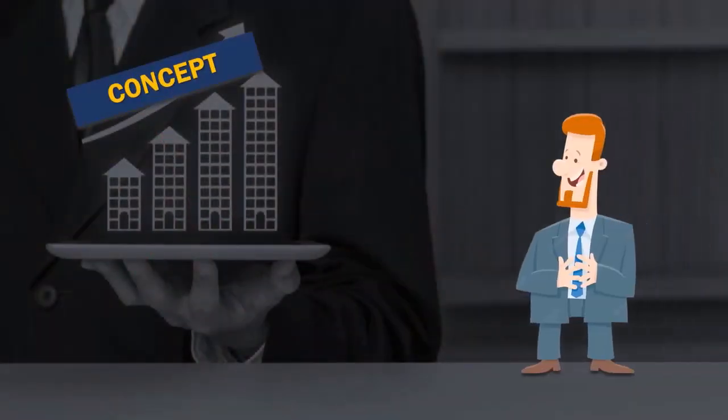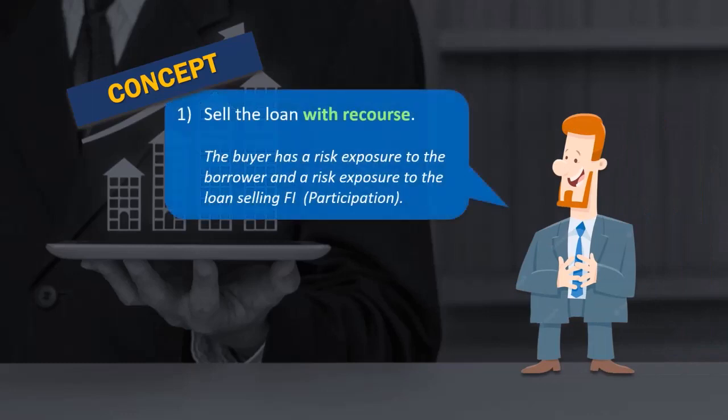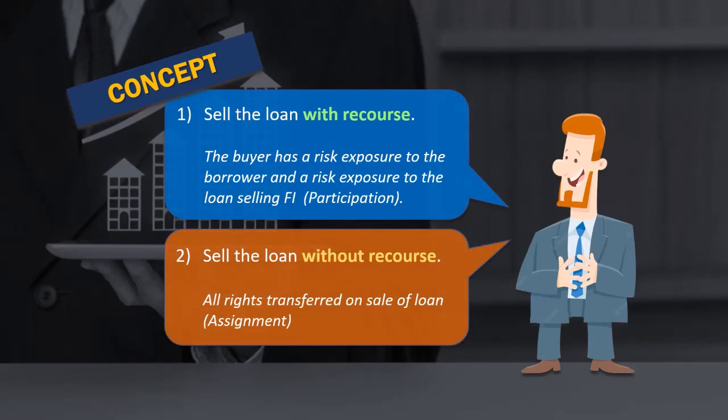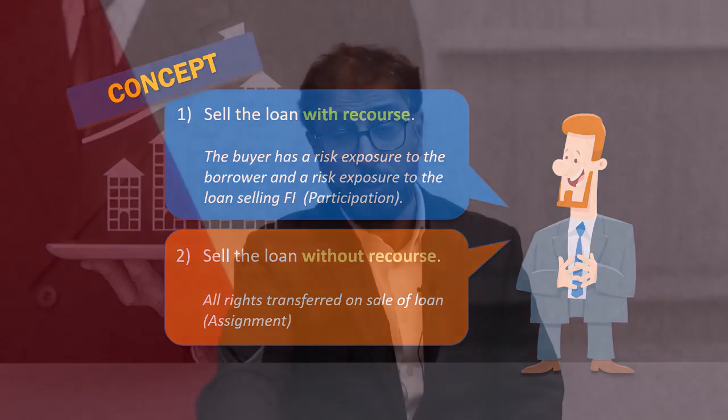When we want to connect participation, then in this case, participation means selling with recourse. This recourse means the buyer will be responsible or not responsible about the credit risk in the assignment arrangements.